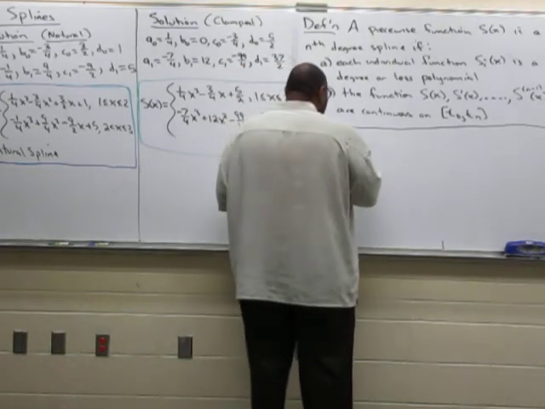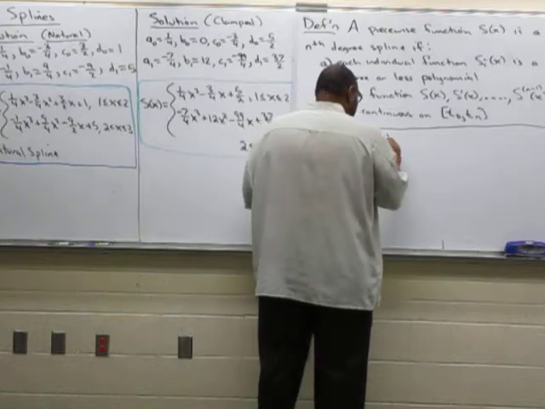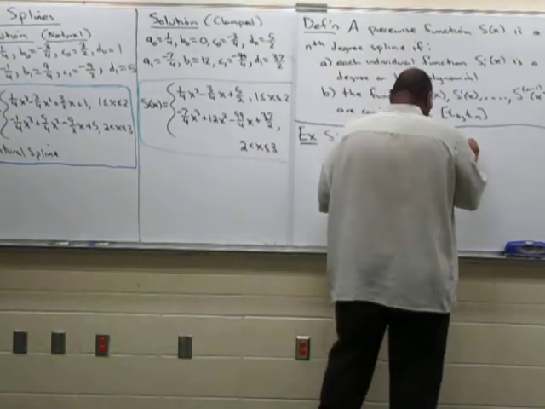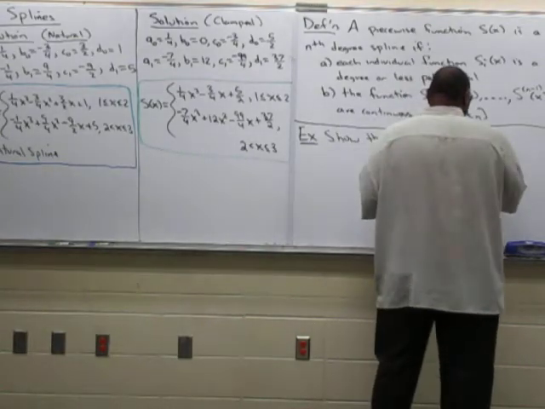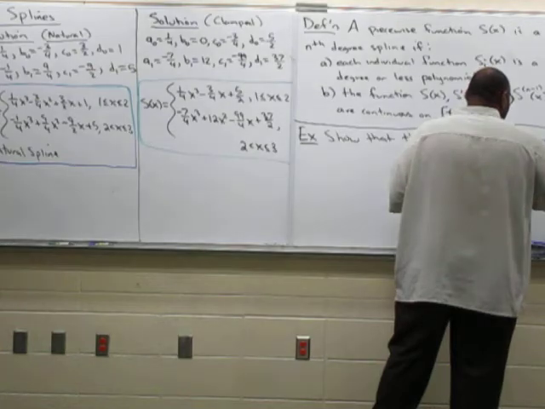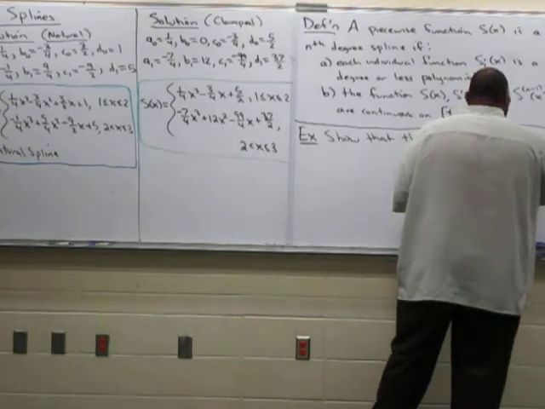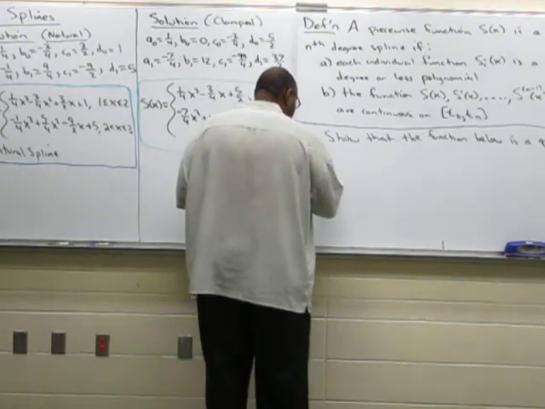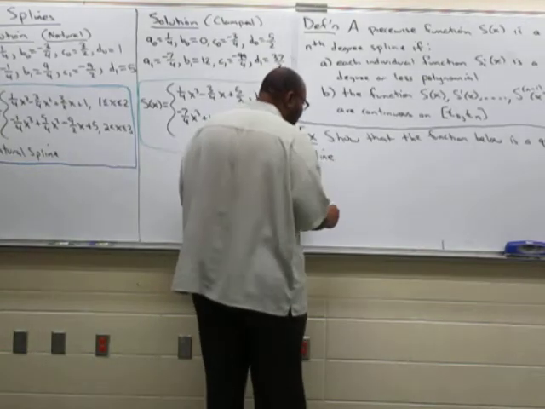So here I have: show that the function below is a quadratic spline. And here's my function.